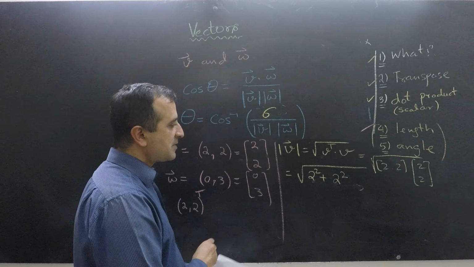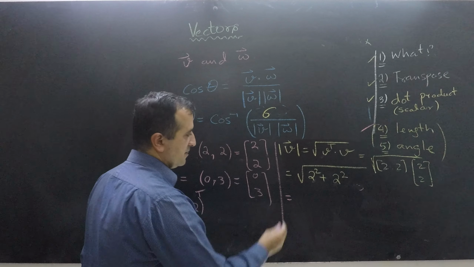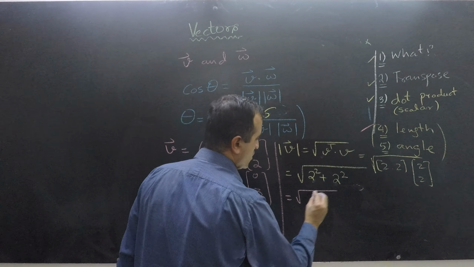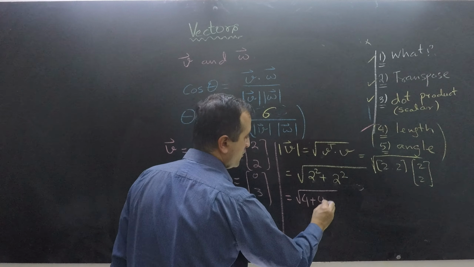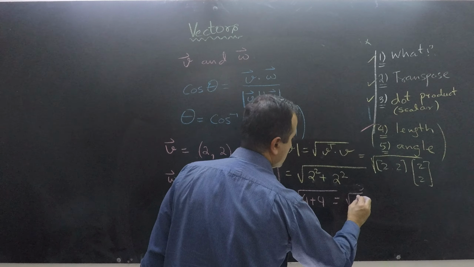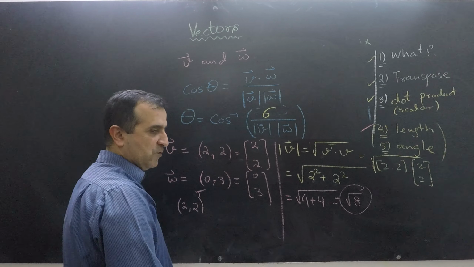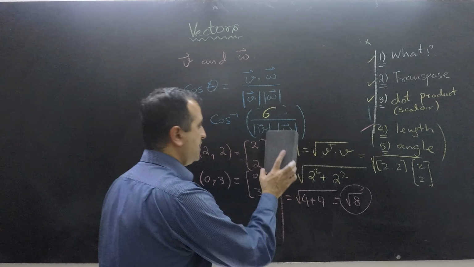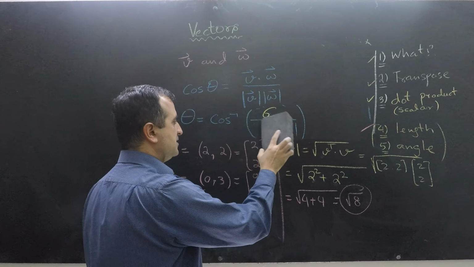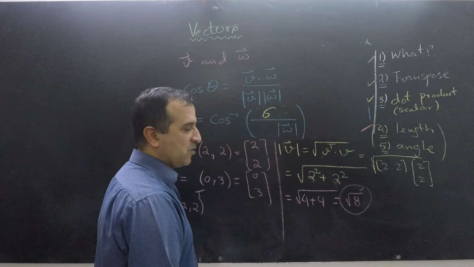So then the answer is going to be 4 plus 4, equal to square root of 8. So that's my answer. So here I can put square root of 8. Not 8, but square root of 8. Or I can also put it differently, because 4 can come out.